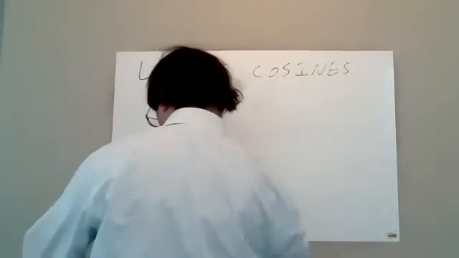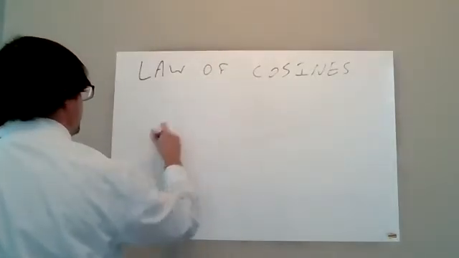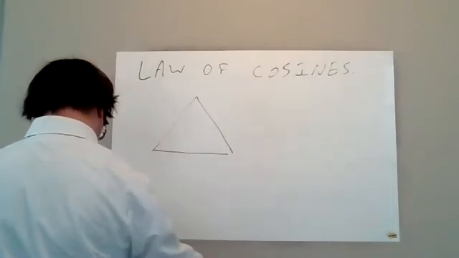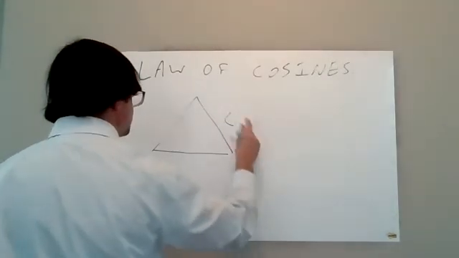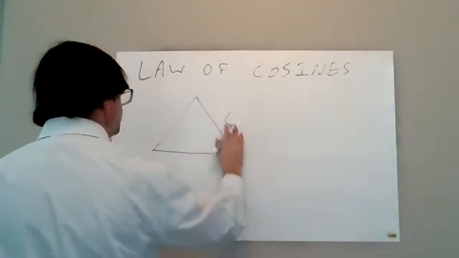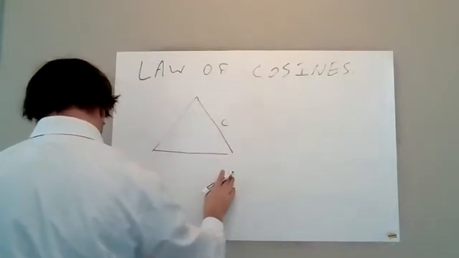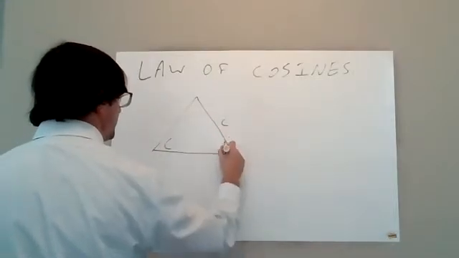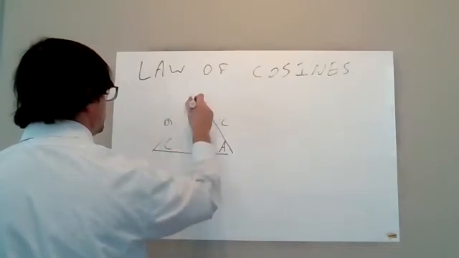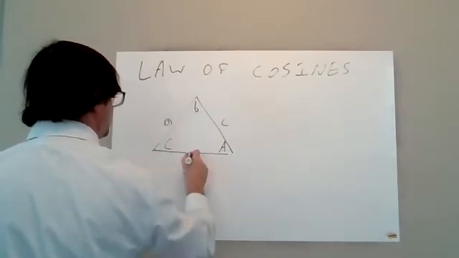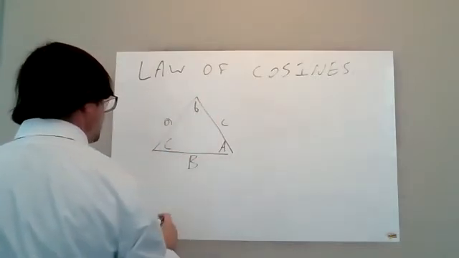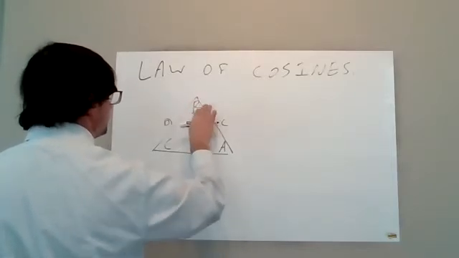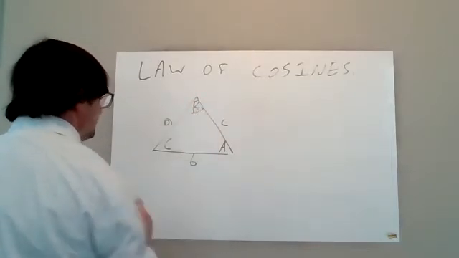The law of cosines says that if I have a triangle, and I'm going to have one side c, so that's a little c, and there's a big C here, big A here, little a here, little b here, sorry, other way around, big B up here, consistent with how your book does it, little b down here.